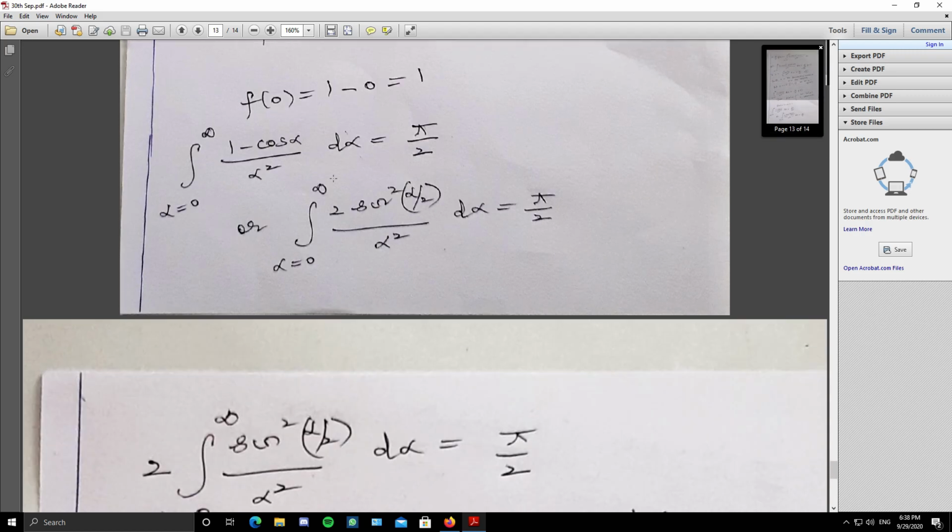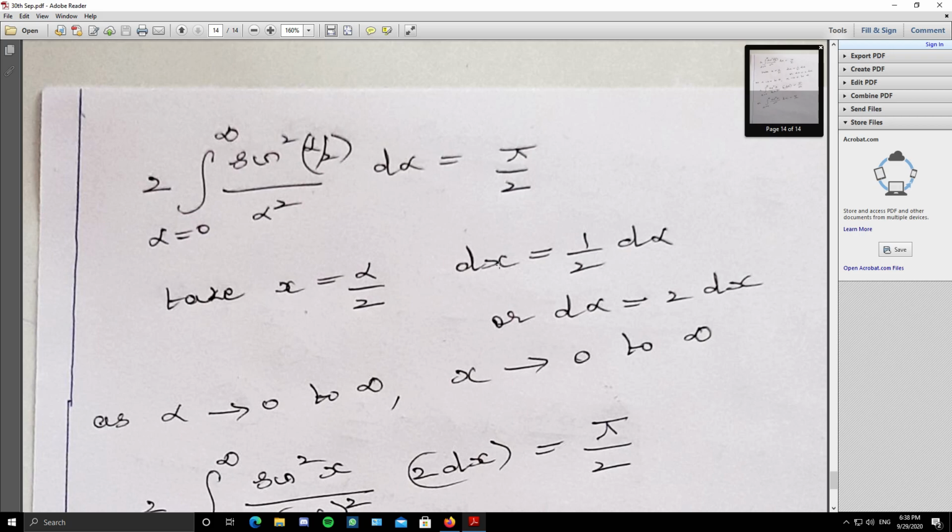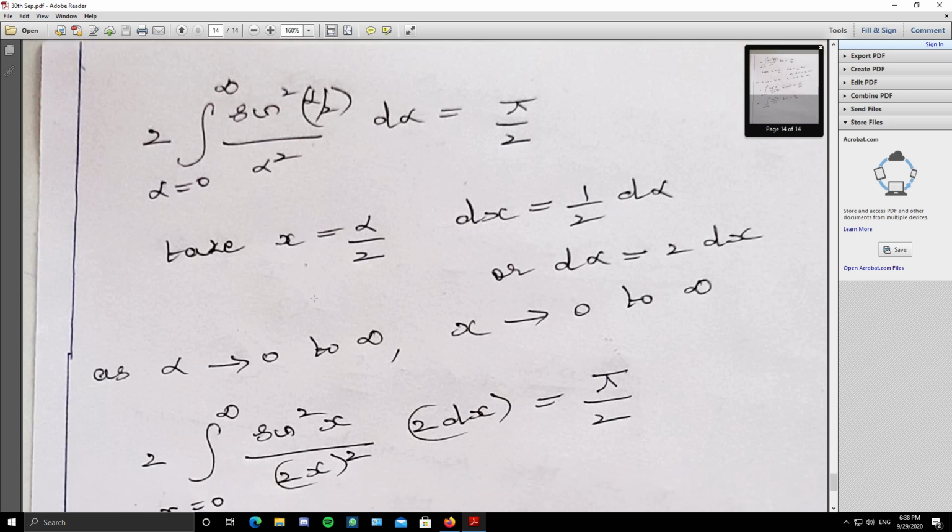So that is why we have replaced 1 minus cos alpha as 2 sine square alpha by 2, and then we have done the substitution. x is alpha by 2. So if x is alpha by 2, dx is half d alpha. If alpha varies from 0 to infinity, x also varies from 0 to infinity.